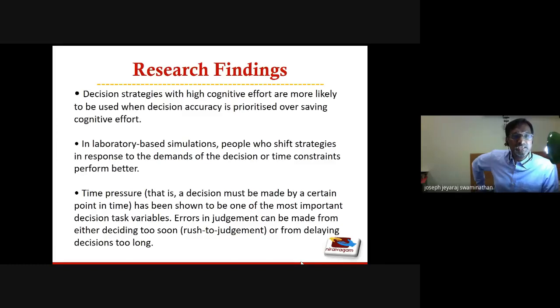Okay, and the next one is in laboratory-based simulations, people who shift strategies in response to the demands of the decision or time constraint perform better. When they made a laboratory-based simulation, you ask people to come together. There's a control group, there's an experimental group, and they ask people to choose strategies which will help them with the time constraint and the decision, both given. In 10 minutes' time, make a decision whether you want to go to, say, for example, Pondicherry or Cook.